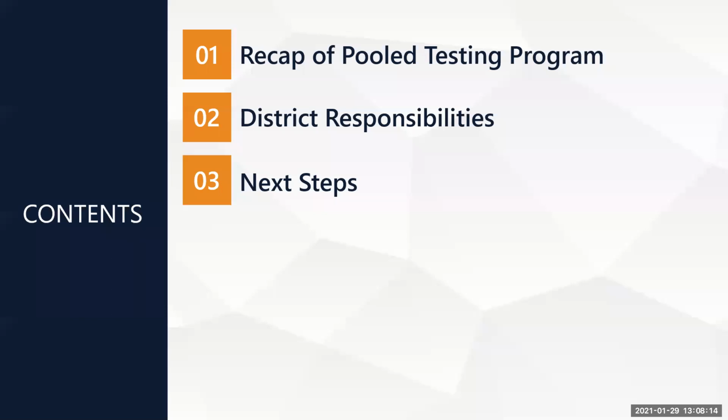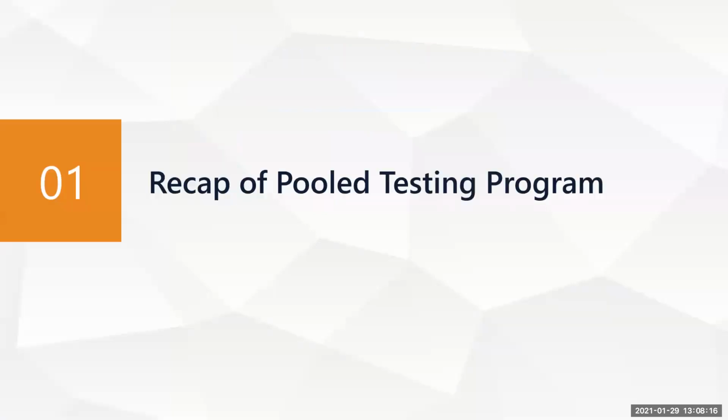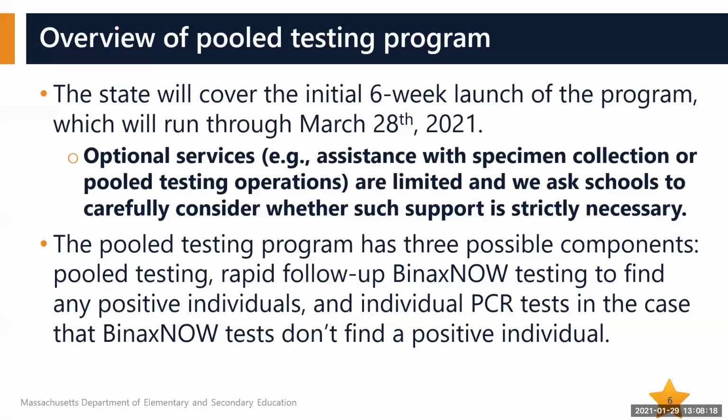So really, just that reminder of our recap of pooled testing is that we are initiating this 6-week launch. And again, just want to stay on point here that it goes through the end of March, through March 28th. We put this in bold, but just a reminder that we are making optional services available. Sometimes we call them tier 2 services, such as assistance with specimen collection or pooled testing operations.